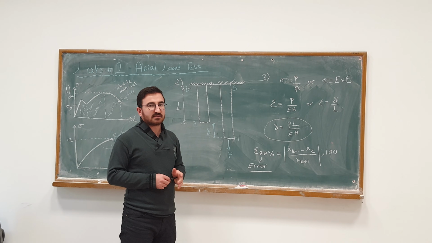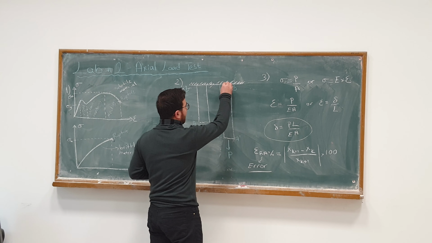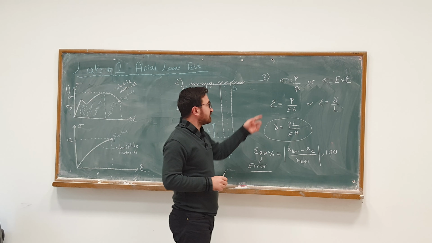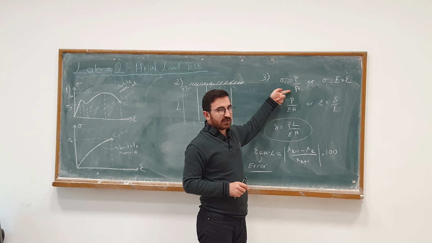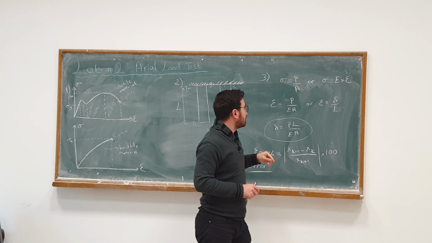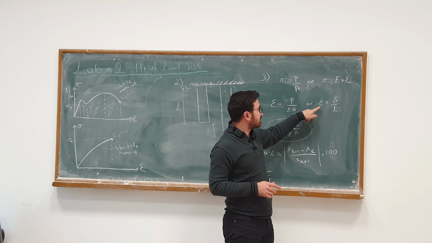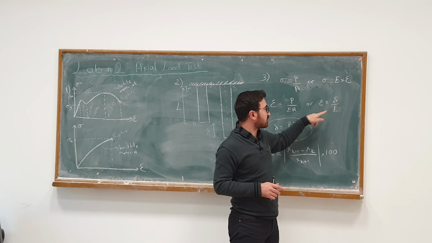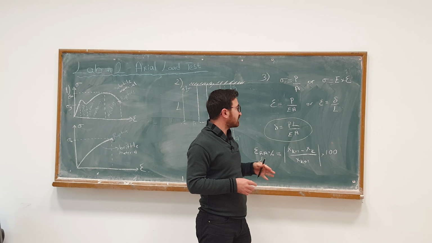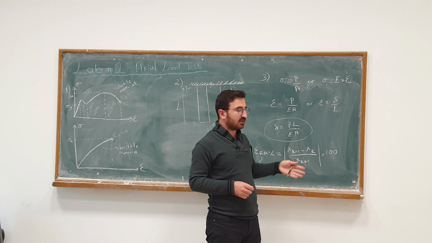This figure shows us deformation under axial load. We know that stress is equal to P over A, or stress is equal to modulus of elasticity multiplied by strain. In addition, strain is equal to deformation over length. Using these two equations, we can write deformation is equal to PL over AE.